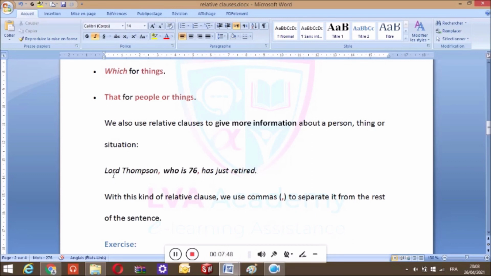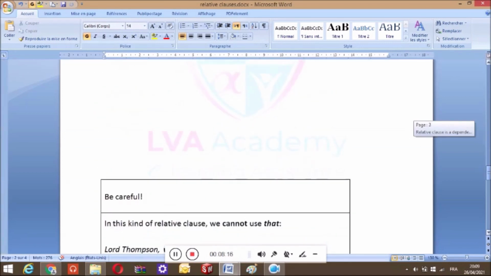Lord Thompson has just retired. You see, we have a complete sentence with a clear idea. Do not forget the commas with the relative clause, which gives additional information.